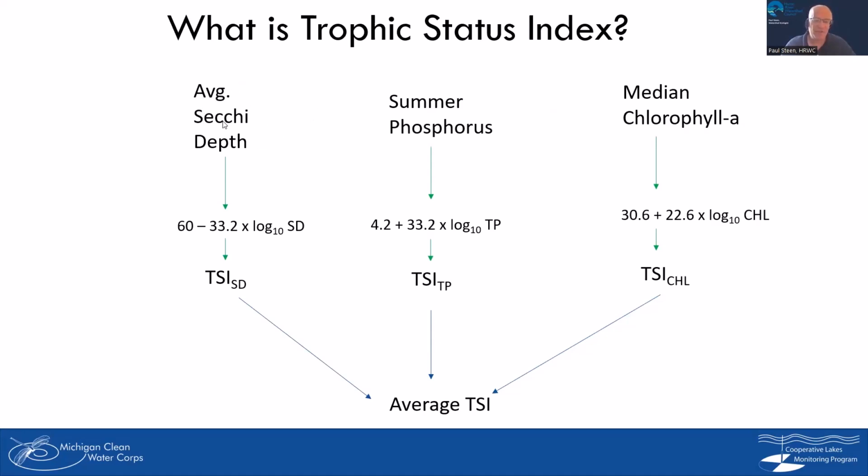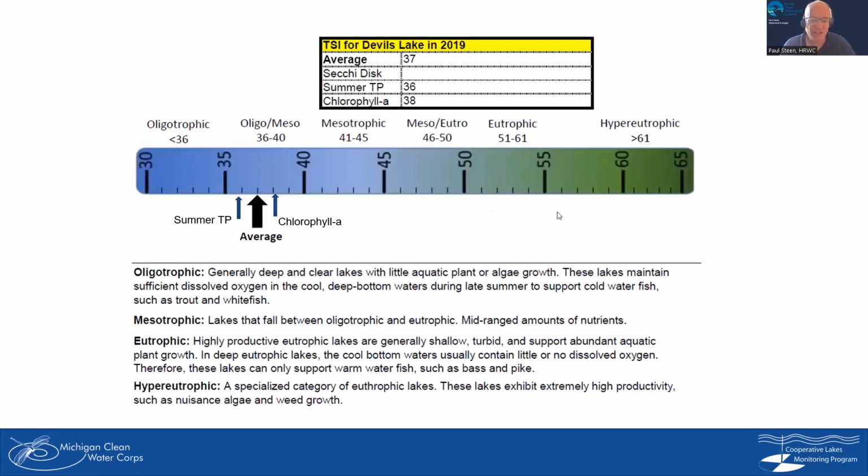Secchi depth is measured in feet, and summer phosphorus is measured in parts per billion. So Carlson, the reason we call it Carlson's TSI, developed these equations that can convert those numbers into numbers that are comparable with each other, puts them on the same scale. And then you end up with what essentially is a thermometer, but it's a thermometer of nutrient production.